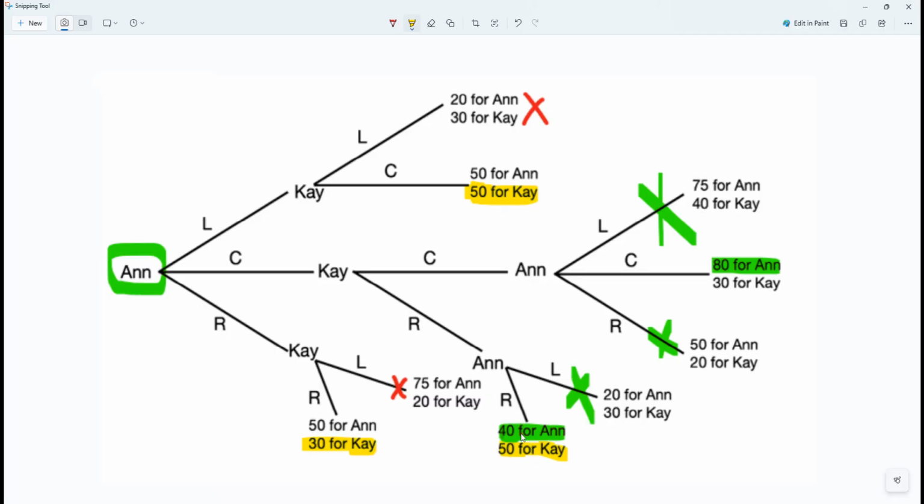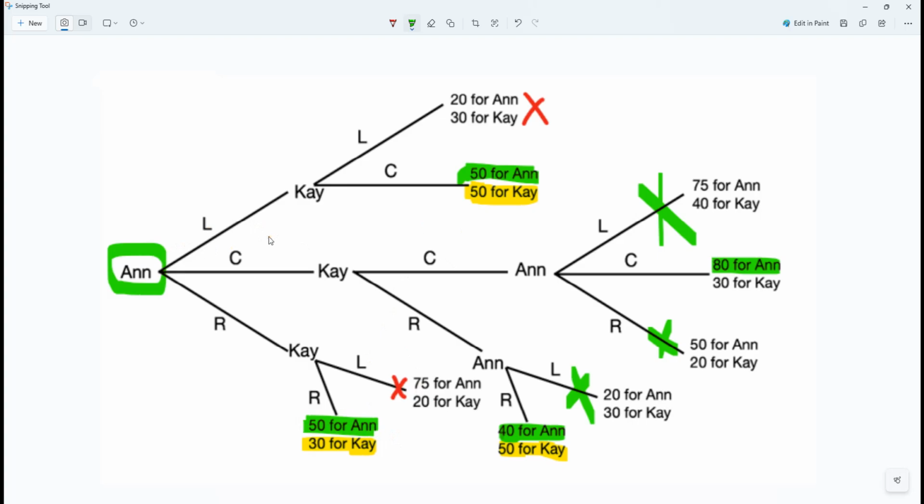Now, Ann realizes this, so Ann can now compare 50 with 40 with 50, and so Ann would probably be indifferent. If Ann goes left, then this would be the result. If Ann goes right, this would be the result. So there's multiple Nash equilibria.